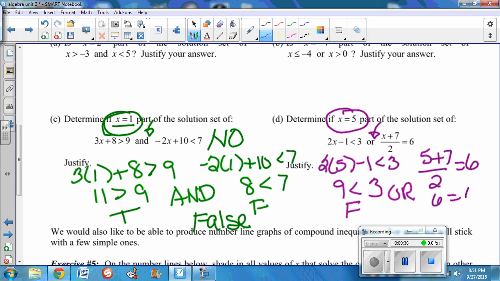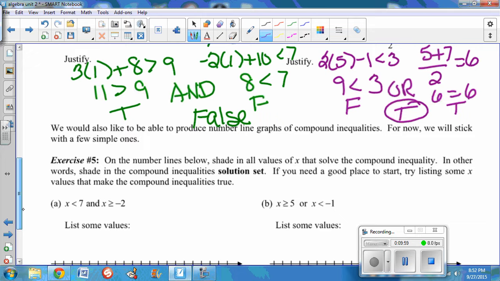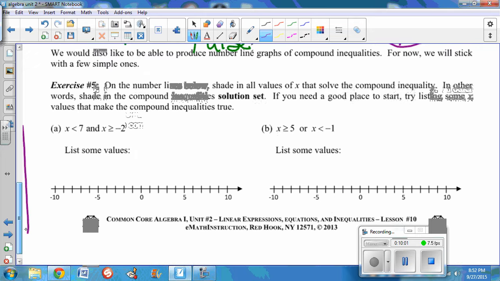Is 6 equal to 6? That's true. False or a true makes that entire inequality true. So if the entire compound inequality is true, is 5 part of the solution set? Yes, it is. Okay, true, part of the solution set. False, not part of the solution set.